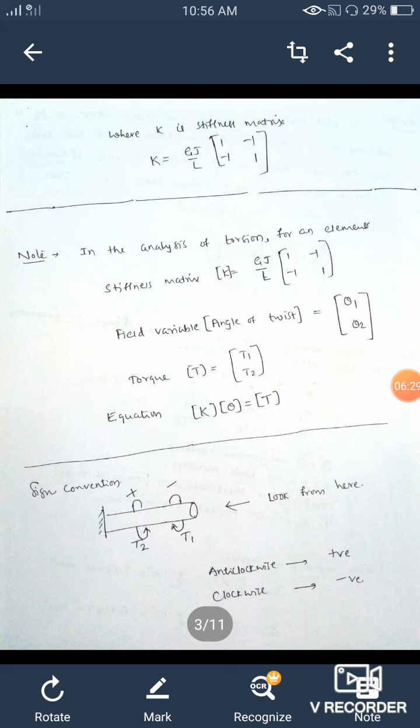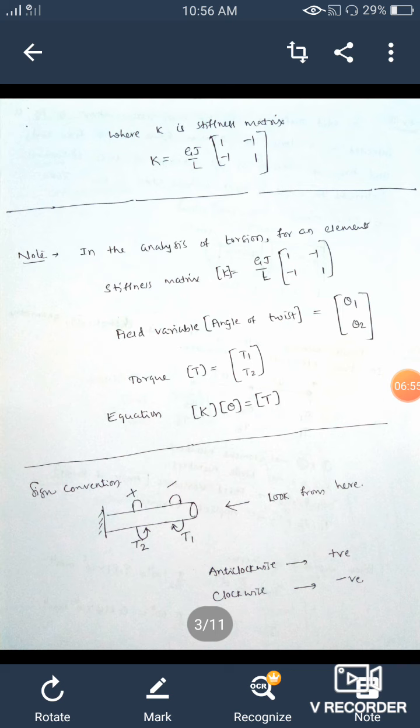Finally, the equilibrium equation we can write is k theta equal to T. Earlier we used to write k q equal to F, where q is the displacement. Here the angle of twist is taken as the field variable, or twist displacement, and T is the applied torque or couple instead of force.